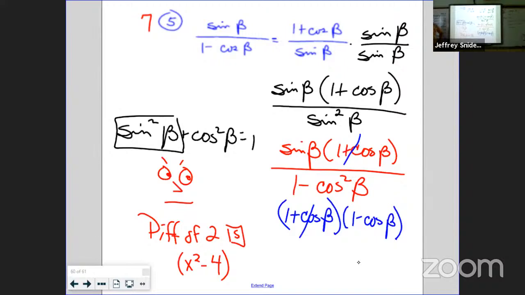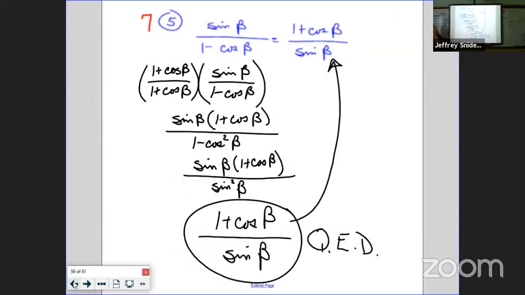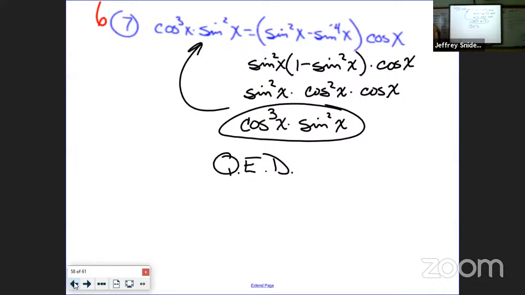Any other ones you want to look at on here? Yeah, Geiger. A question about what I did, or do you want to look at something different on it? What I chose to do? Okay.